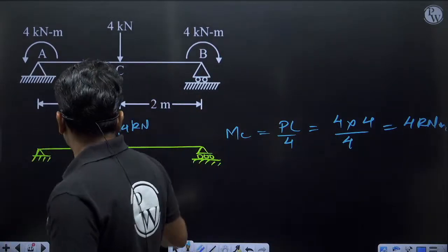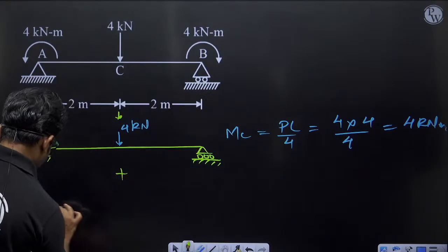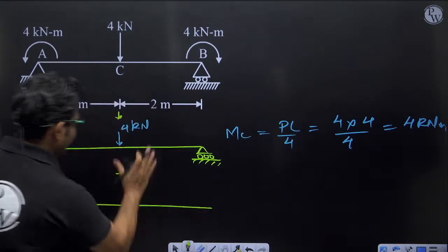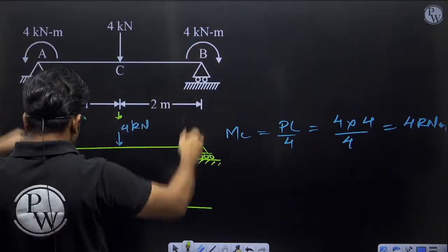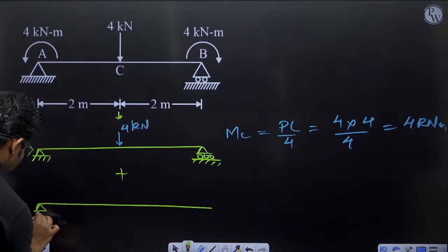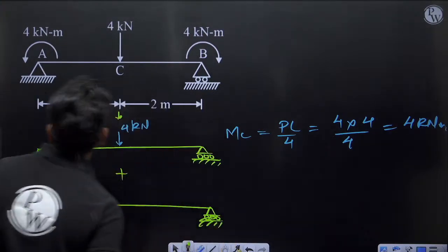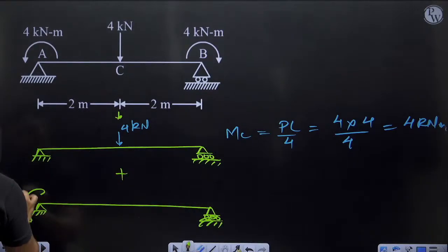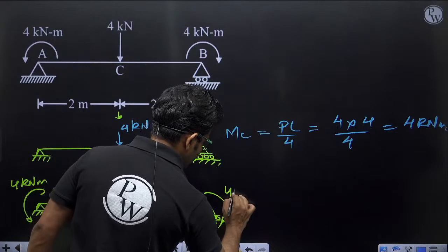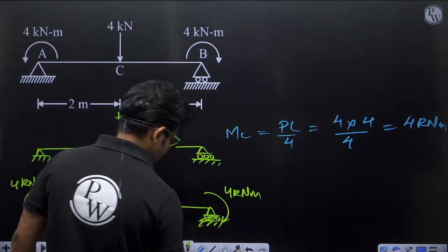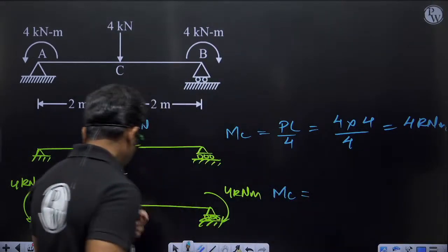Now it will be the sum of these two. I'll remove this point load, and I'll apply these two moments, equal and opposite moments, 4 kilonewton meter each.